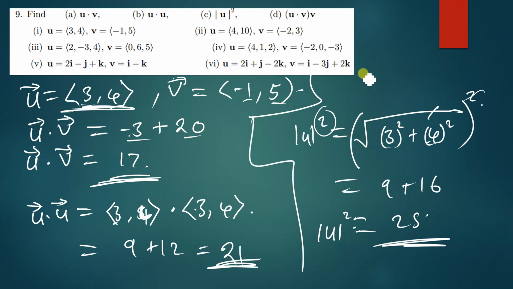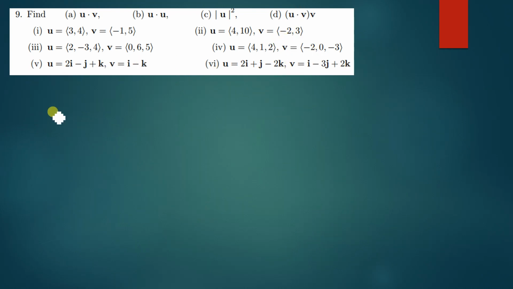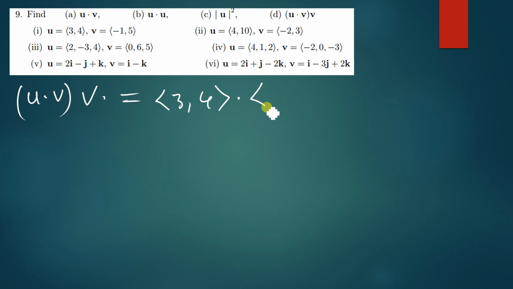We move on to part D. Part D says we first find the dot product of U and V. Then after doing that, we have to multiply it by V. So the dot product of U and V, I think we found that, and we found it to be 17. So we have 3, 4 dot negative 1 comma 5.